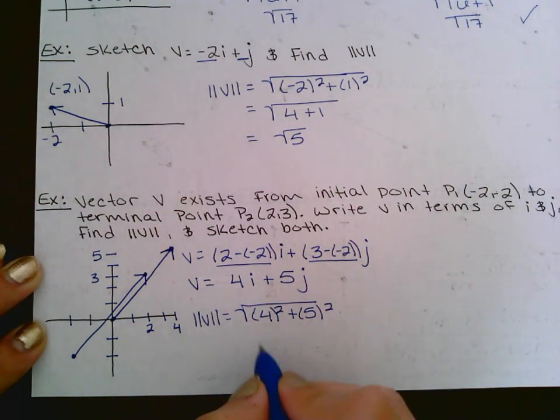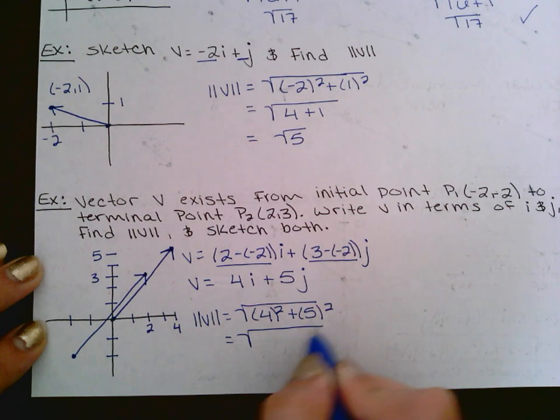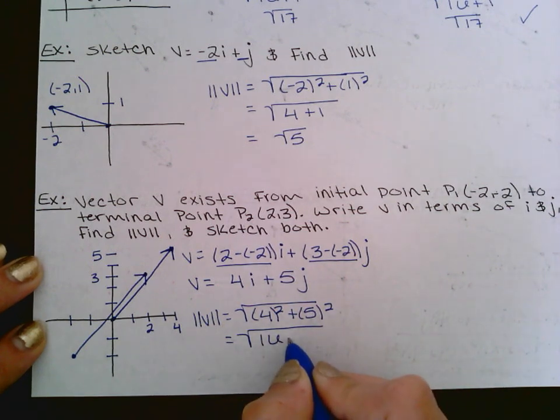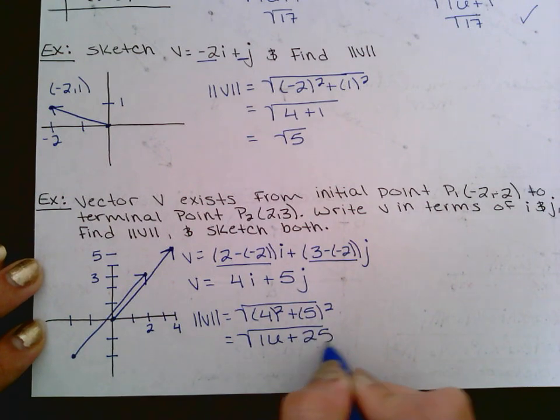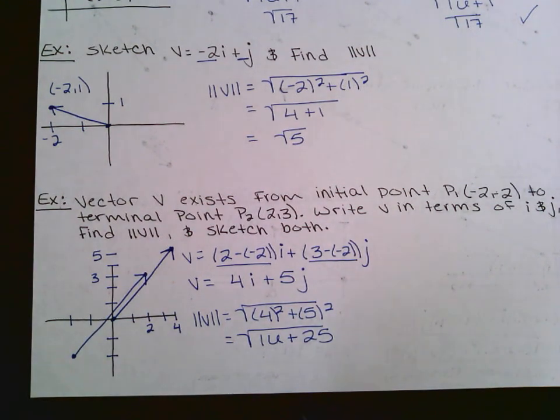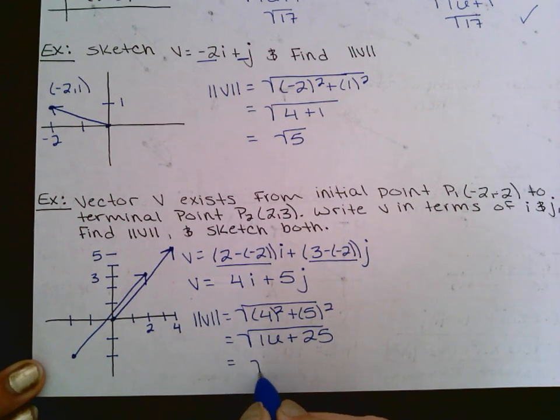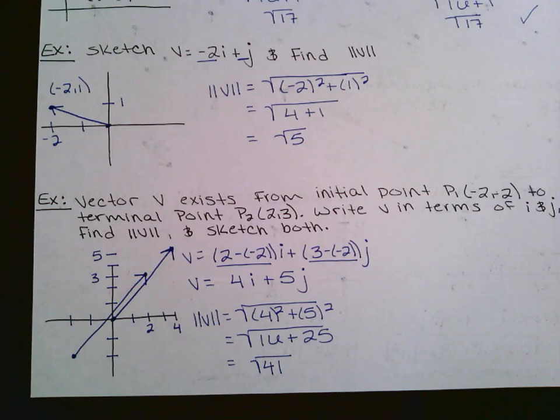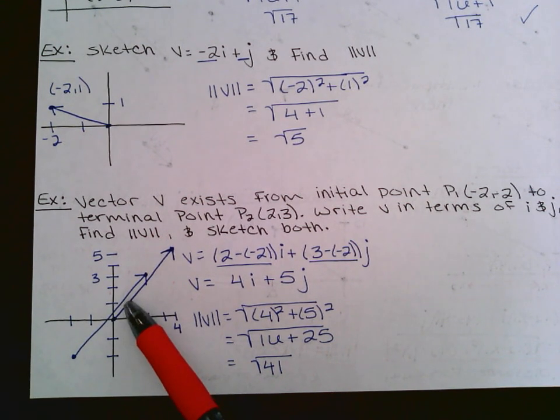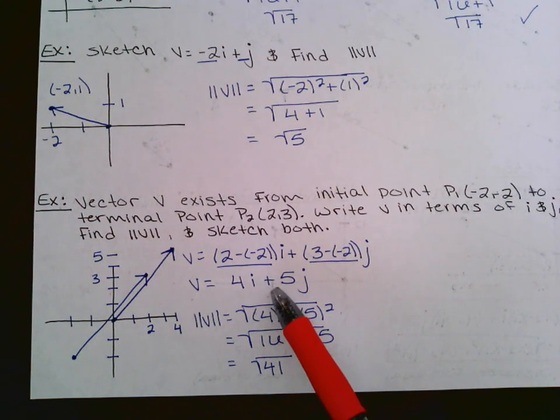That will give me the square root of 16 plus 25, so the square root of 41 is my magnitude. So we finished this problem. We have both sketches, general and standard, we wrote our ij unit vector, and we found its magnitude.